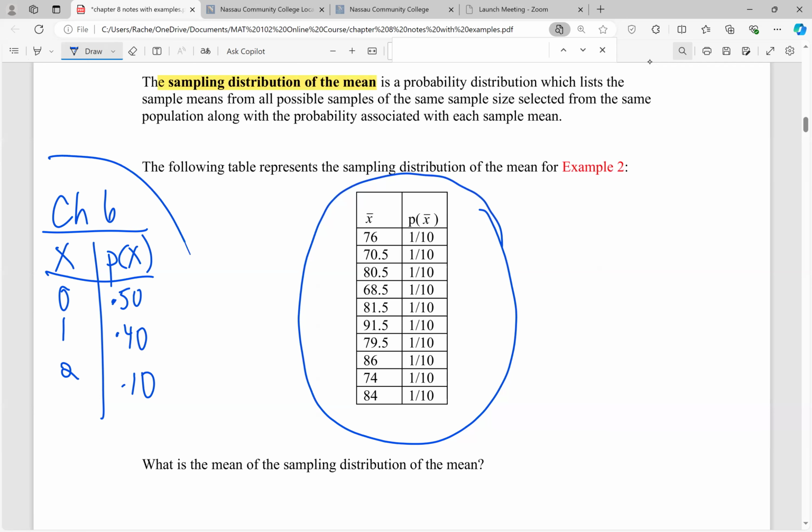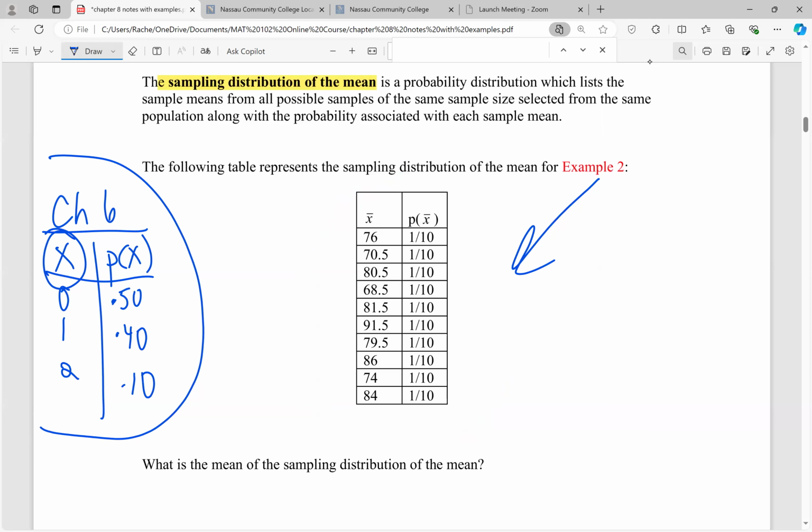So this is a probability distribution for X, a discrete random variable. This is just an example that I made up on the spot. Well, this here, this is also a probability distribution, but now my random variable is X bar. So we have all the different values of X bar listed here, and then the probability of X bar.